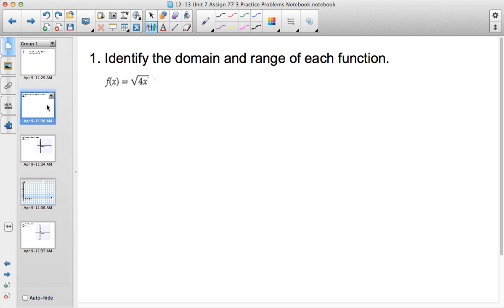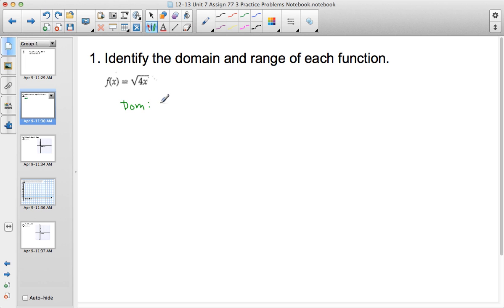Here we go. Number 1 is to identify the domain and range of each function. And I think the first 3 problems are like this. So what I'm going to do is I will always start with my domain. So the domain, remember, I need to figure out what I don't want, what can't be negative, and that's what's inside the square root sign.